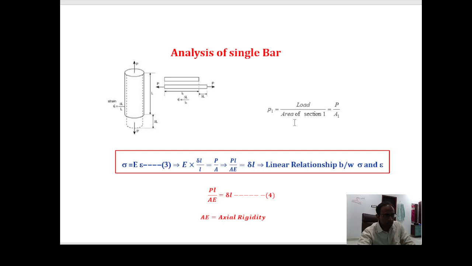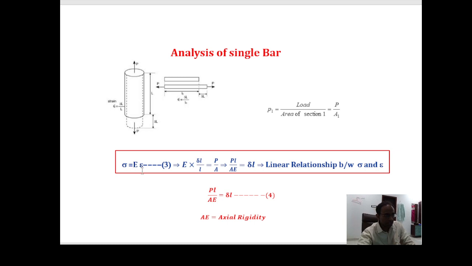We know these basic formulas: stress is nothing but load by cross sectional area, and from Hooke's law we have a linear relationship between sigma and epsilon, that is stress and strain. Because they are proportional up to the elastic limit, we replace the proportionality by a constant, the modulus.